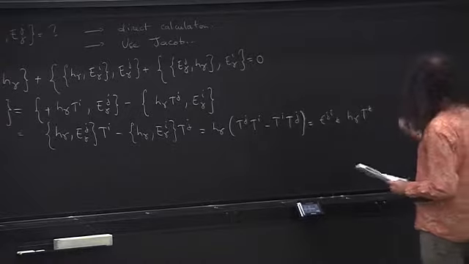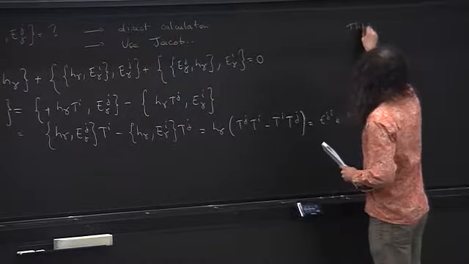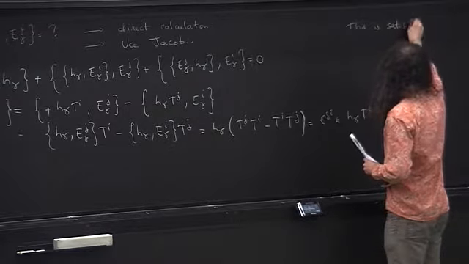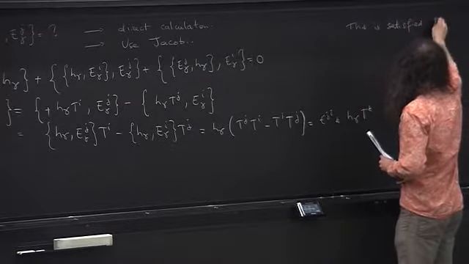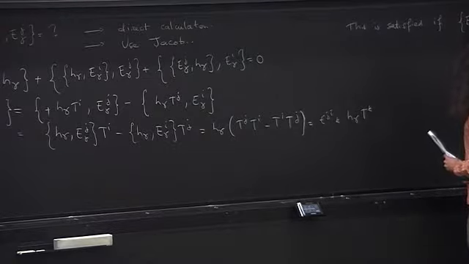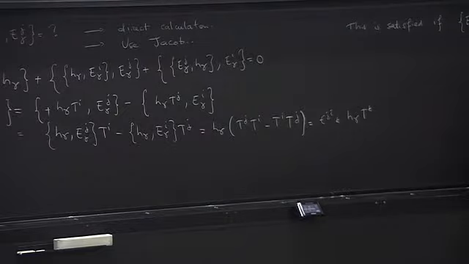So this is satisfied if {E_γ^i, E_γ^j} is epsilon_{jik} T_k.